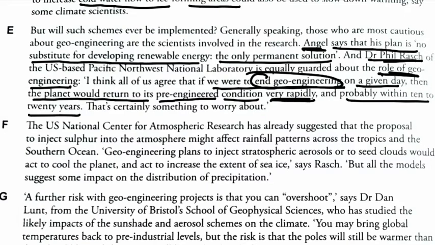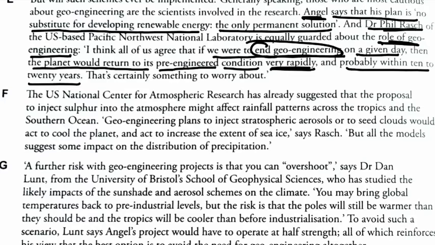Then next one. The US National Center for Atmospheric Research has already suggested that the proposal to inject sulfur into the atmosphere might affect rainfall patterns across the tropics and the Southern Ocean. Geoengineering plans to inject stratospheric aerosols or to seed clouds would act to cool the planet and increase the extent of sea ice, says Rash.